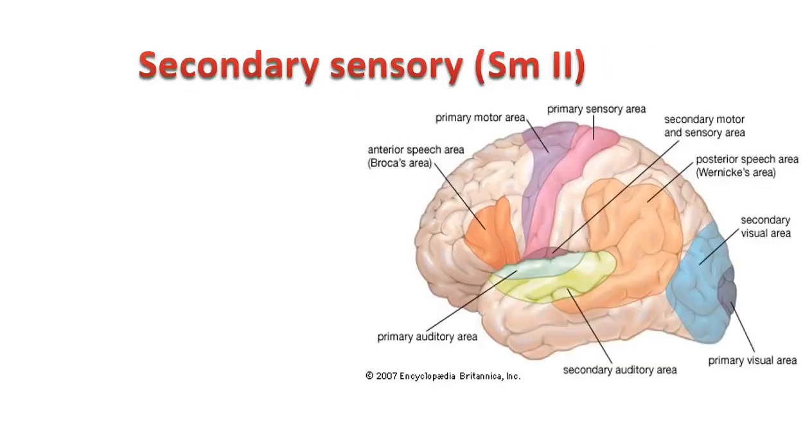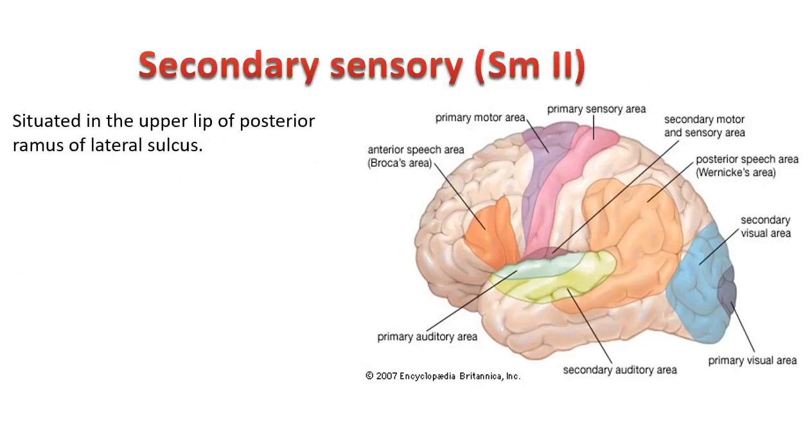Next, coming to the secondary somatosensory area. SII is somatosensory area 2. It is situated in the upper lip of the posterior ramus, where you are able to see the secondary sensory area. Mainly it receives pain sensation, so pain perception predominates here.